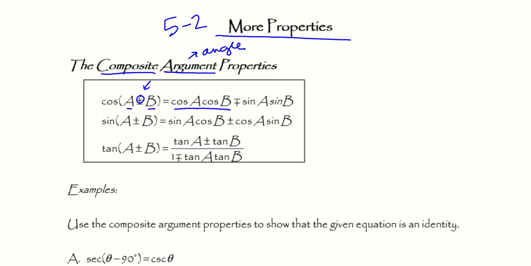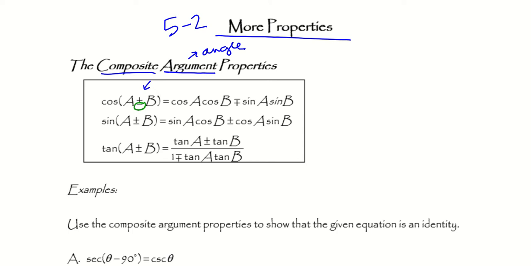So cosine of A times cosine of B. And if the argument is A plus B, then we're going to subtract the product of the sine of the first angle and the sine of the second. So if we're adding the angles inside the cosine, we will subtract the product of the sines from the product of the cosines. Okay, now, I just want you to understand this notation.